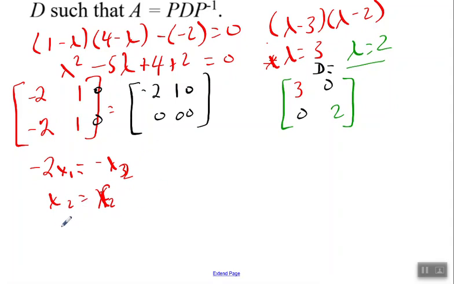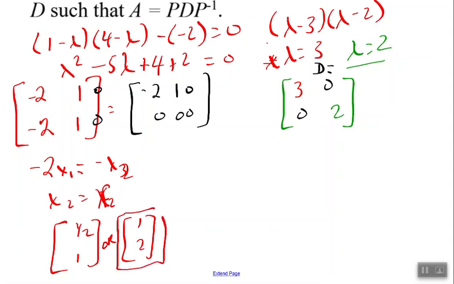We could divide both sides by negative 2, we get 1/2 and 1. Or I would rather deal with non-fractions, so I'm going to call that one 1, 2. So we have our P matrix, or half of our P matrix. Our P matrix is going to consist of 1 and 2.